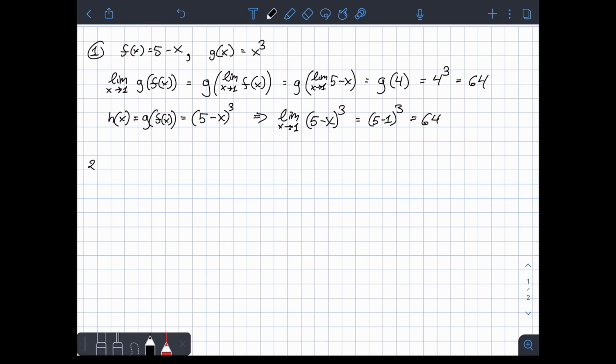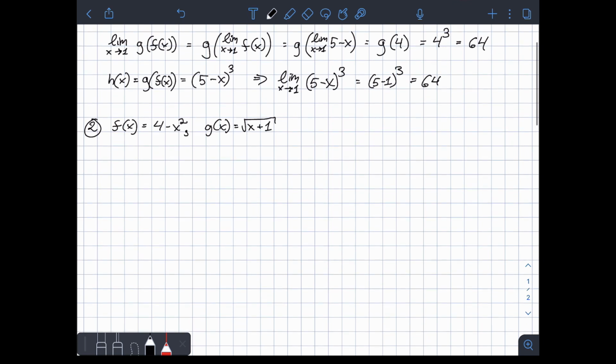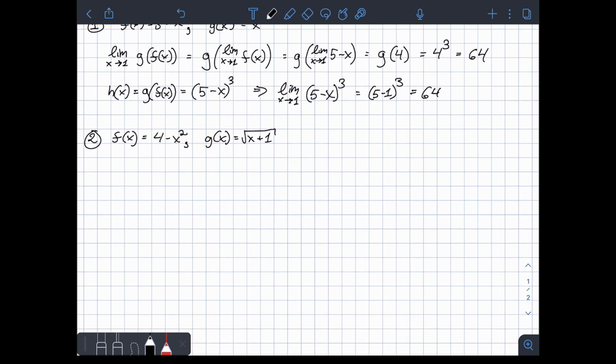So there's another problem here. F of x equal to 4 minus x squared. G of x is the square root of x plus 1. And again, if we take the limit of g of f of x as x approaches 1.